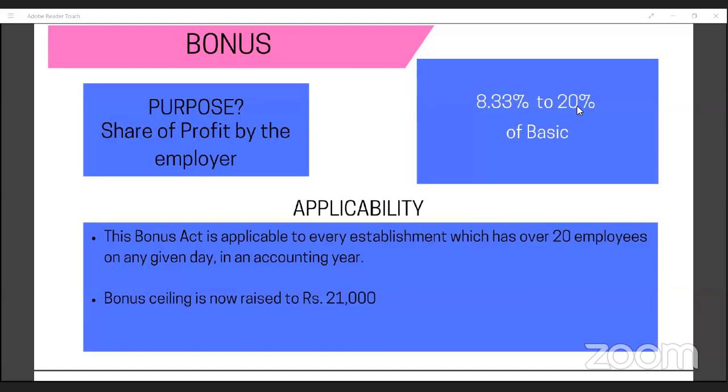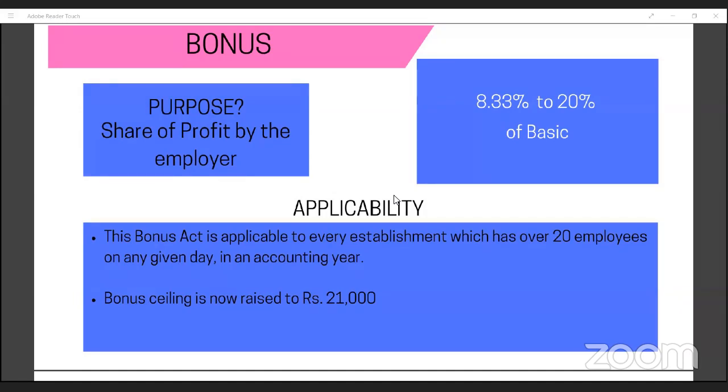Previously it was 15,000. Now they have raised it to 21,000. So bonus is mandatory for these people. For other people crossing 21,000, you have leverage on whether to pay or not. But up to 21,000, it is mandatory for you to pay bonus.